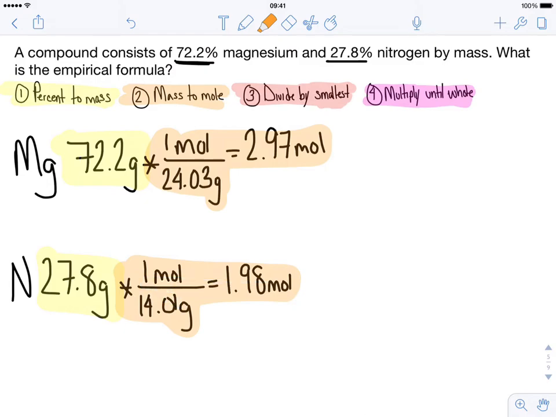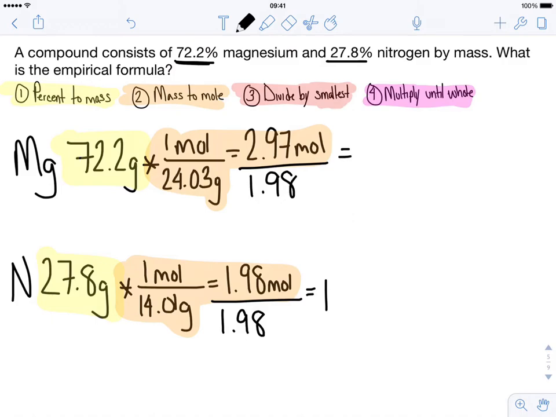Now, we need to take a look at these two numbers of moles, and we need to see which one's smaller. So 1.98 is smaller than 2.97. So I'm going to divide both of these numbers by 1.98. For nitrogen, when I divide 1.98 by 1.98, I get 1.